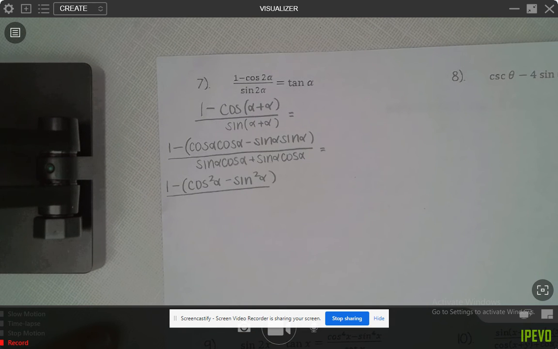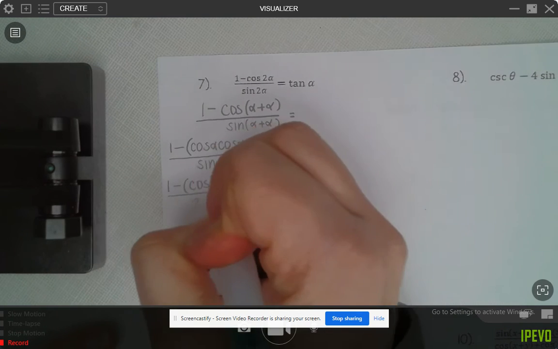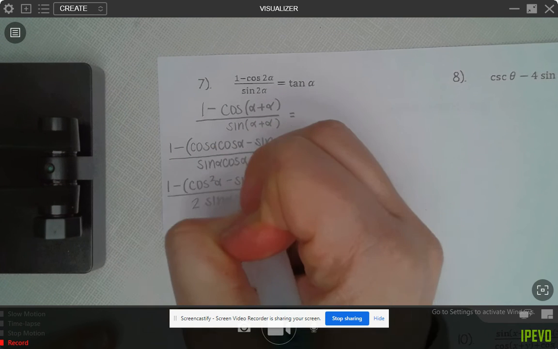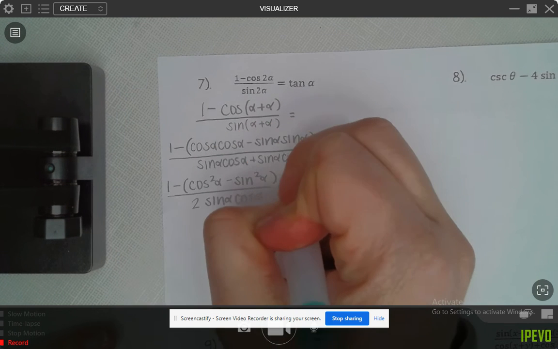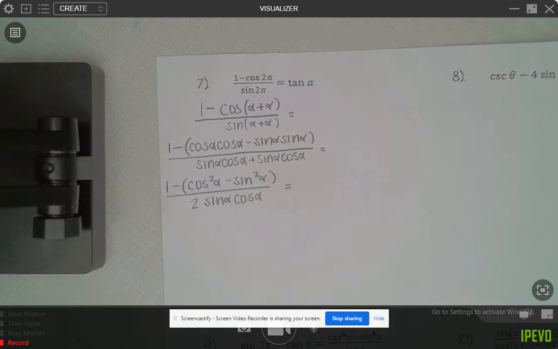Are those exactly the same? They are, right? So this is the same as 2 sine of alpha cosine of alpha. Now you're really starting to get into the algebra piece of this and not so much the trig.